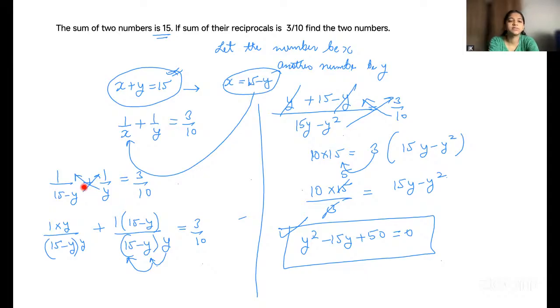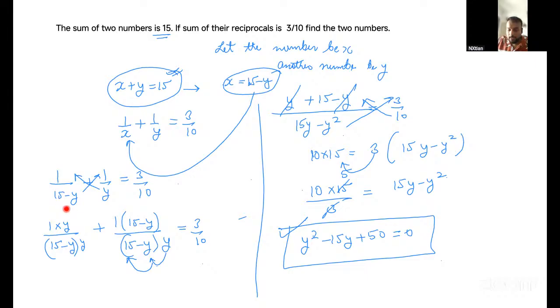Okay, so here I am making the denominators the same. The second fraction's denominator is multiplied with the numerator as well as the denominator of the first fraction. This y is multiplied with this one, and this y is multiplied with this denominator also. In the same way, the first fraction's denominator, see on the board, is multiplied with the numerator and the denominator of the second fraction.